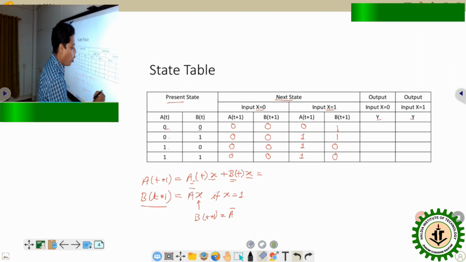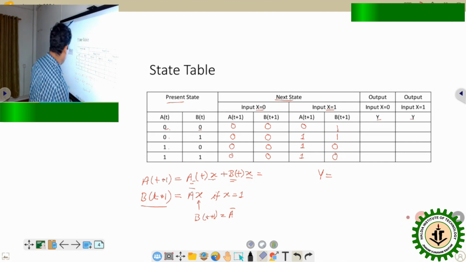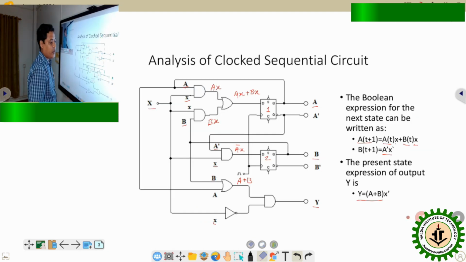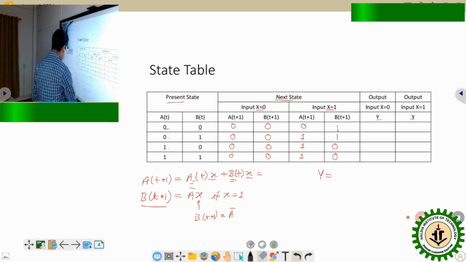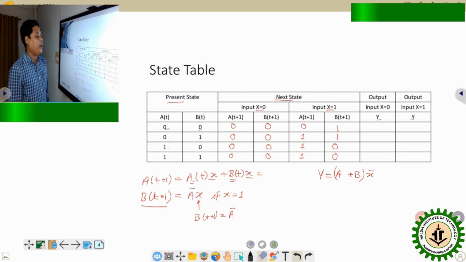Similarly, if we want to observe the output Y of this circuit, it depends on A plus B x complement.